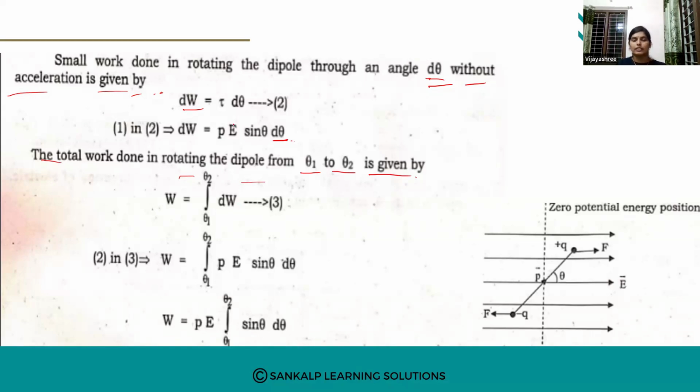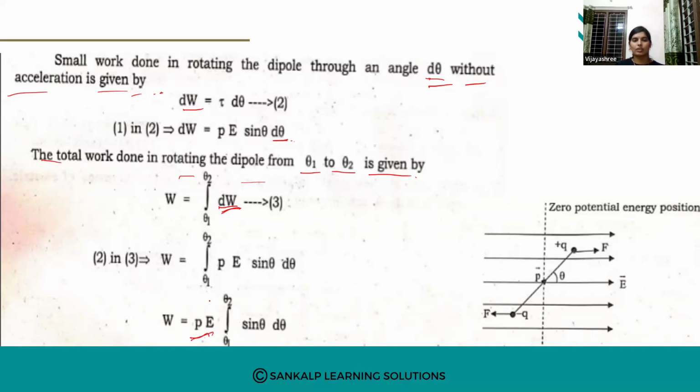If we add the large number of dW, we get the integration of dW, that is the total work done in rotating the dipole from angle theta 1 to theta 2, given by the integration of dW from theta 1 to theta 2. So just substitute the value of dW as PE sin theta d theta.